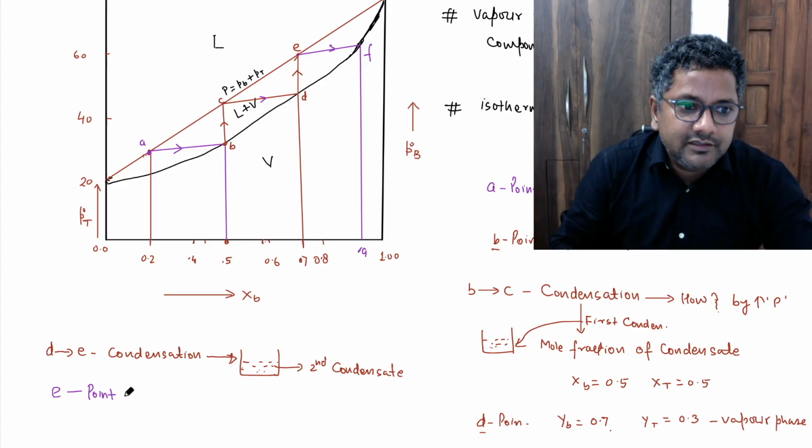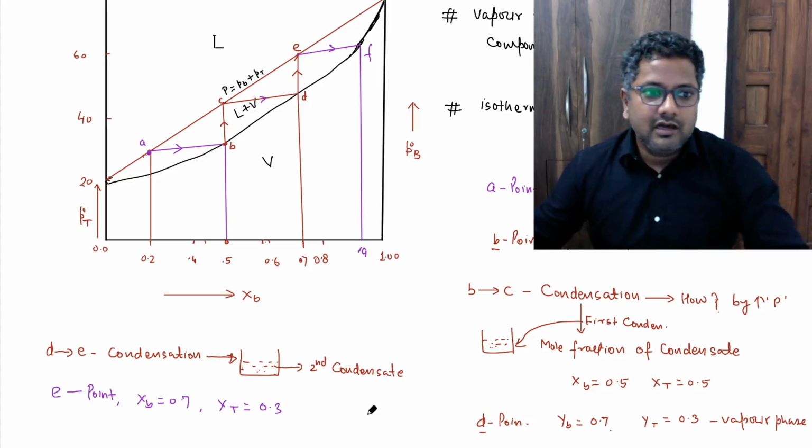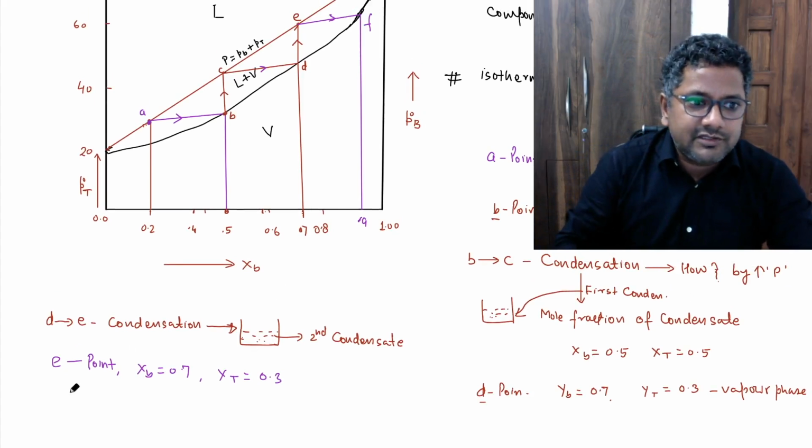At E point, the X benzene is equal to 0.7 and X toluene is equal to 0.3, right? Now corresponding to E, what is the vapor phase in F?